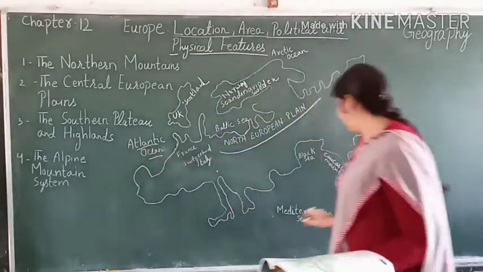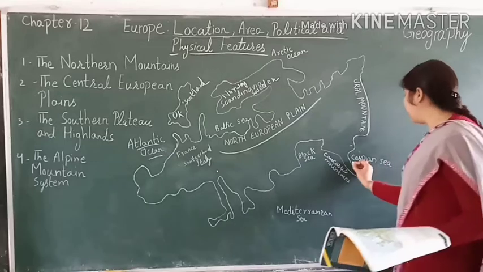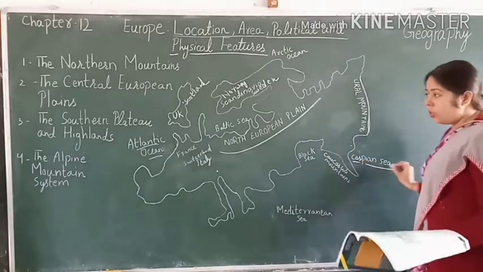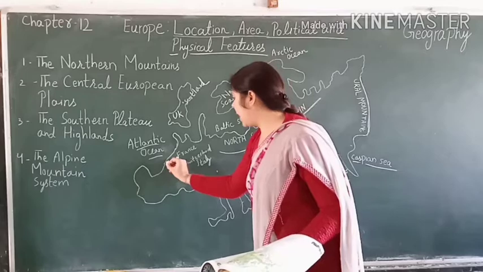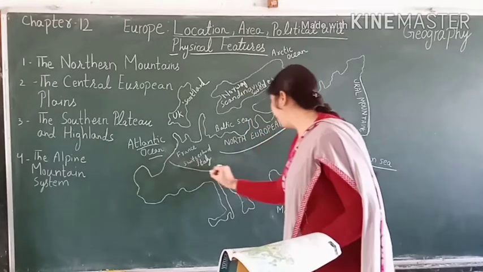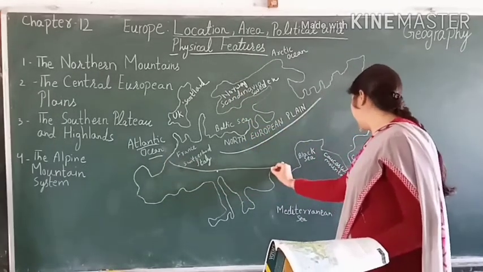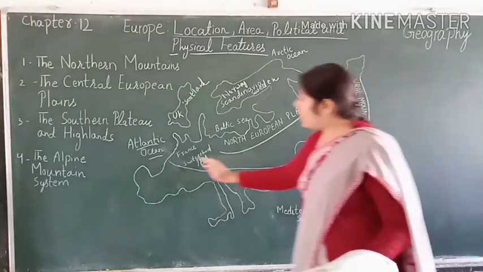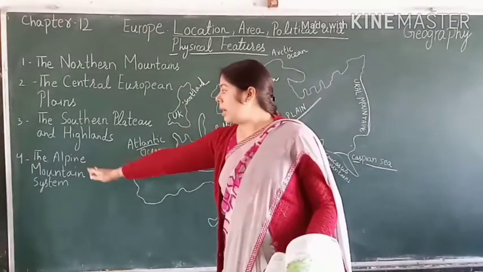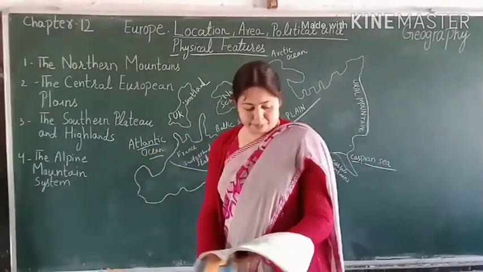Here is the Atlantic Ocean, and you can see here is the Caspian Sea. So the Alpine mountain range lies between the Atlantic Ocean and the Caspian Sea. These areas are covered with the Alpine mountain system.